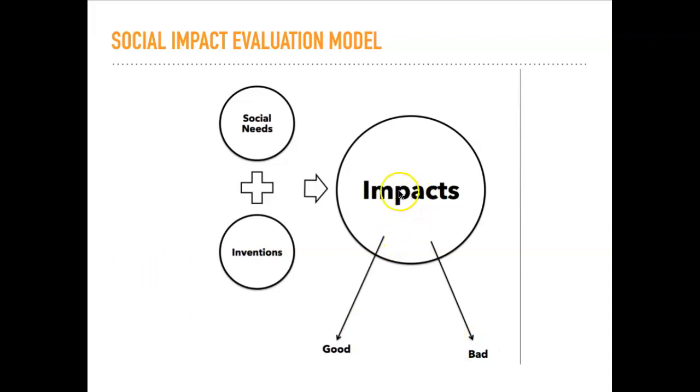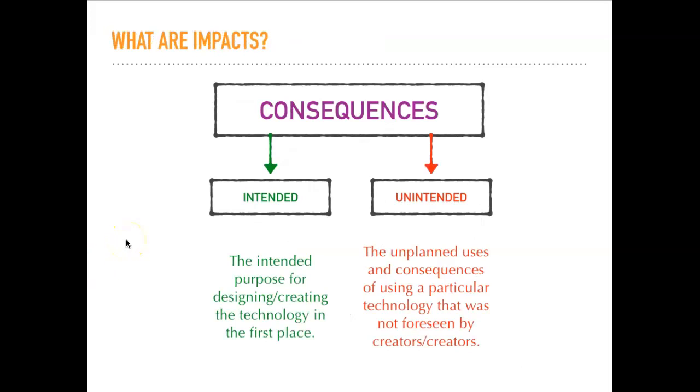But before we move on to an example, I want us to take a closer look here at impacts, because what is meant by impact also contains kind of two intentions. There are consequences of the impacts that are completely intended, right? The intended purpose for designing and creating the technology is there.